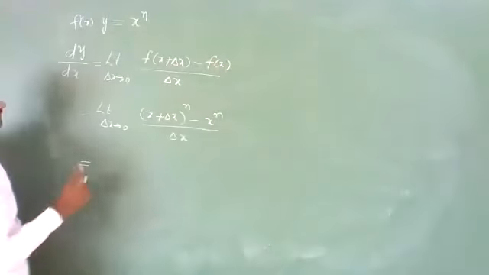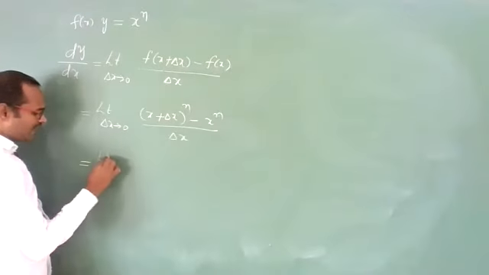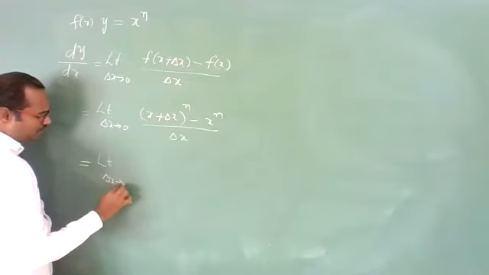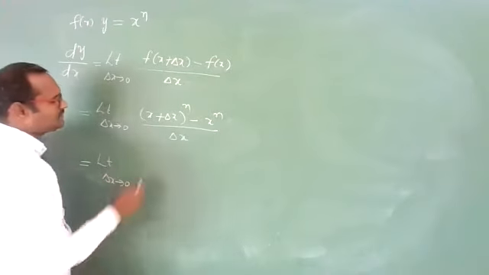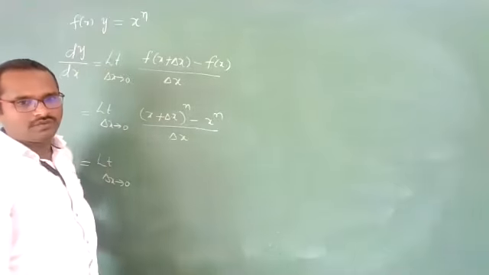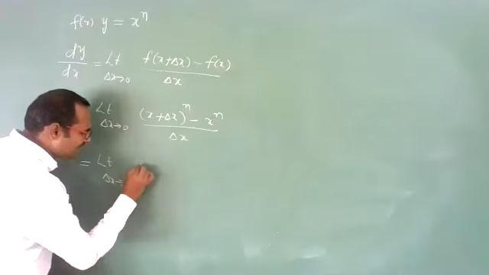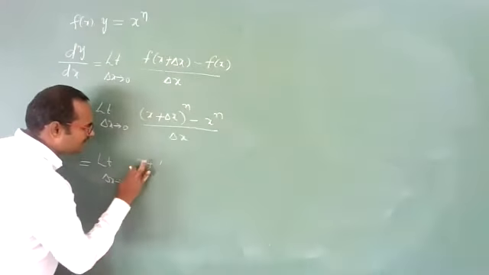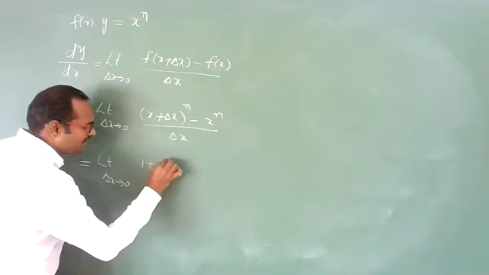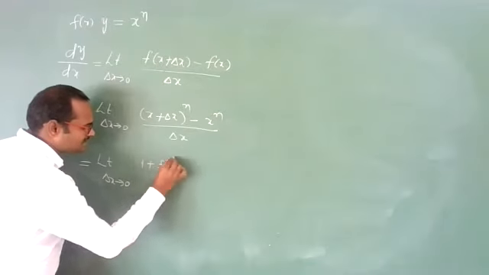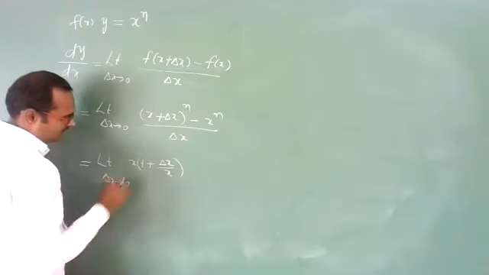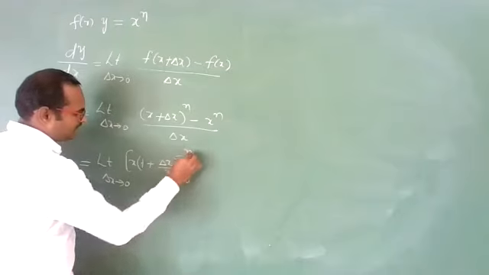Okay. Now what to do here? See students, I want the answer. So for that, I am going with one perfect procedure. From this, you take x common. What will you get? You check: x times (1 plus delta x by x), whole power n.